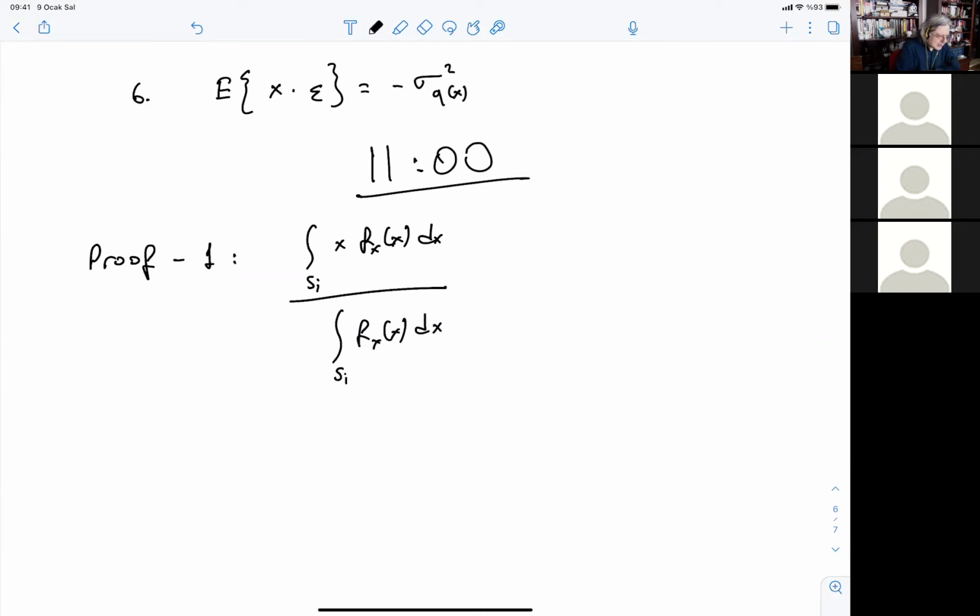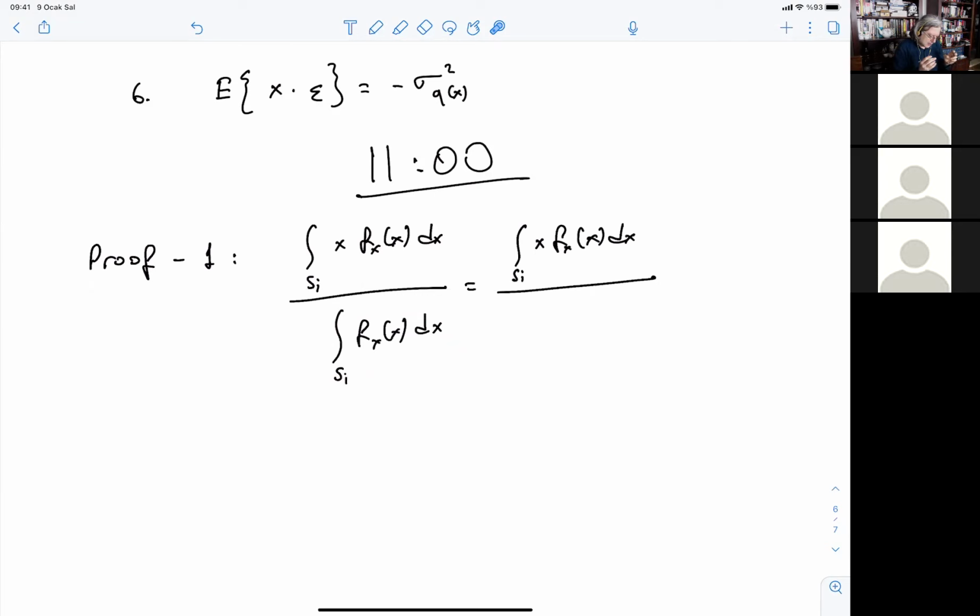So what is this equal to? How can I write this? The way to write it down is to keep the numerator first, but the denominator essentially corresponds to the probability of x, the input, being inside the region Si, because there are different regions.